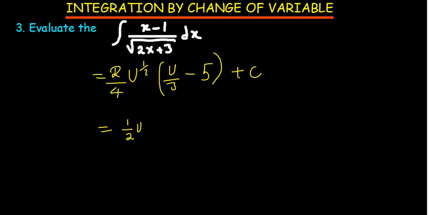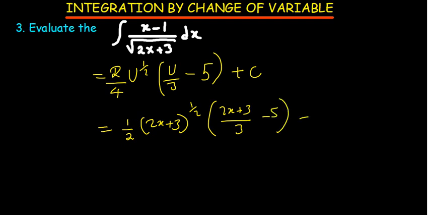Then we have got u to the power half. So let me put back u. Remember we equated this which is in the denominator to be u. So that will be 2x plus 3 to the power half now. And then the same 2x plus 3 over 3 minus 5 there, and plus a constant c.